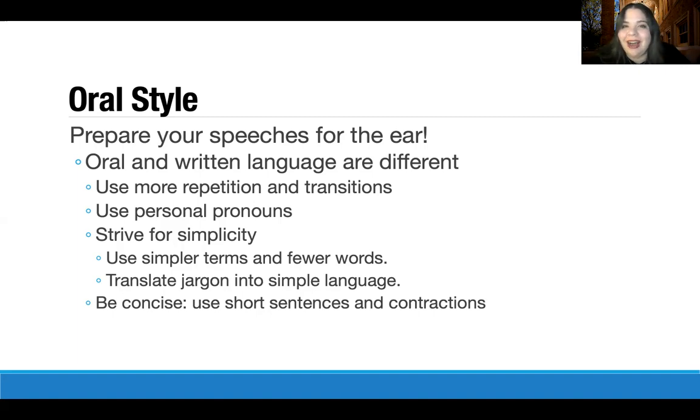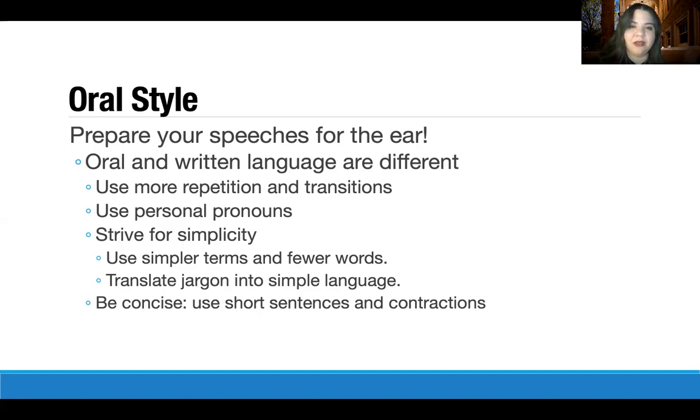But they don't use I or we, and so you kind of have to flip that when you're writing your speech, but it seems to be kind of natural to write speeches that way anyways, so it's a benefit in a lot of ways.